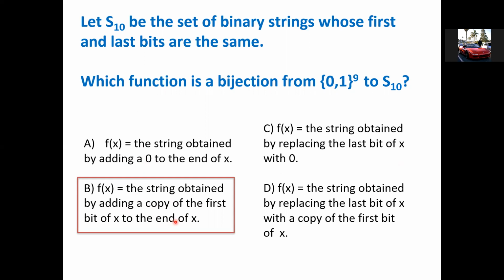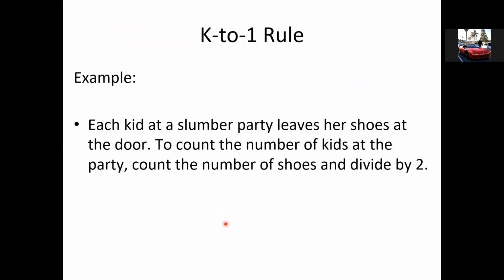Again, it was simple to see without saying that it's a case of a bijection, but you can see it as a case of a bijection. Another way that can simplify counting is a kind of generalization of a bijection.